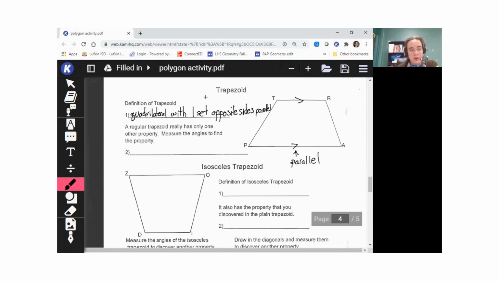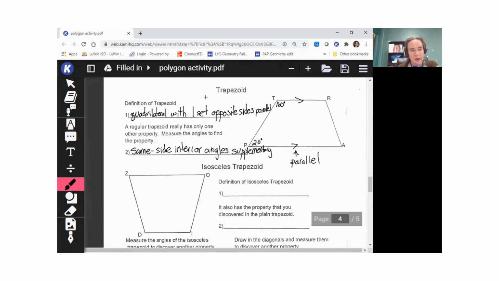And because those sides are parallel, we have two sets of same side interior angles that are supplementary. So in this case, if P was 20 degrees, it would mean that angle T was 160 degrees.